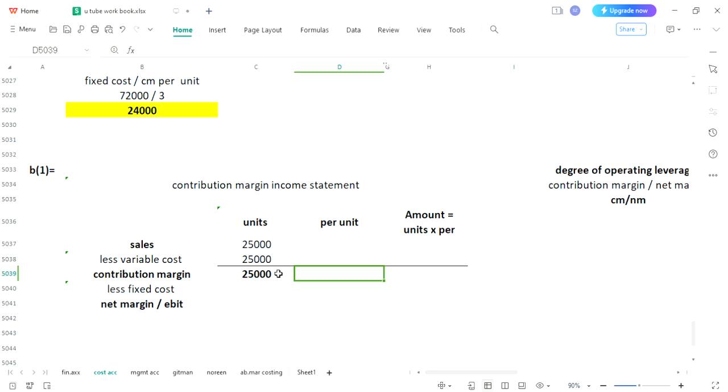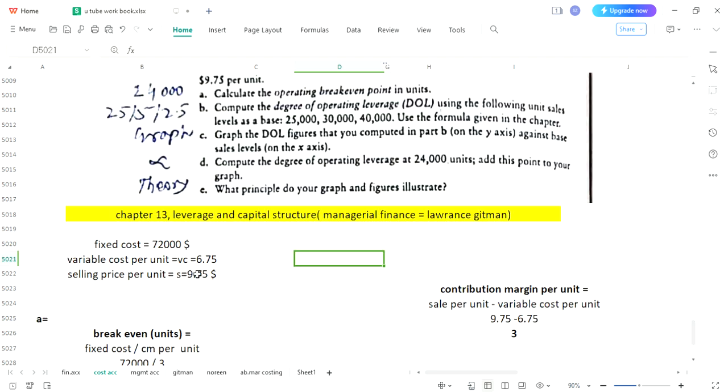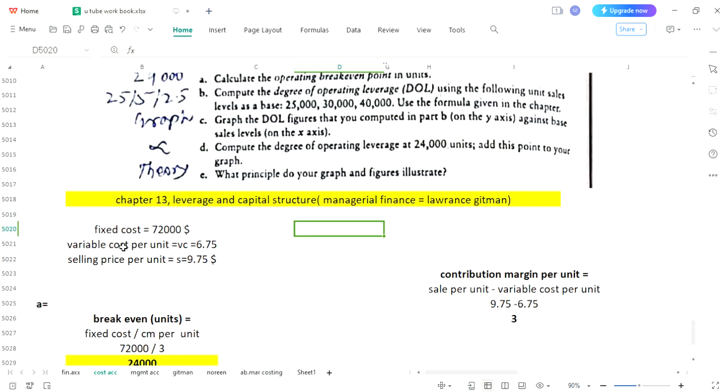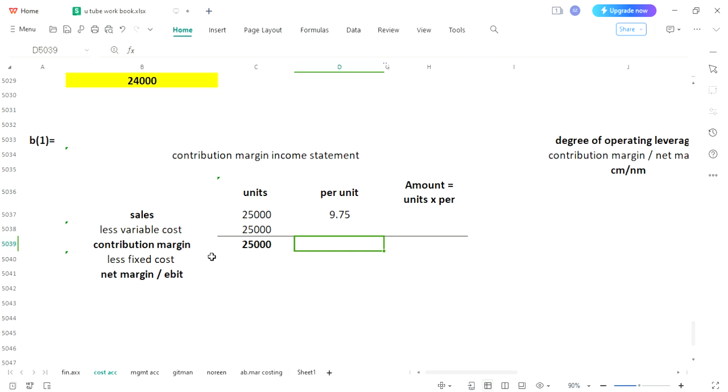The per unit sale price we have already mentioned over here, 9.75. It was written in the question. Your sale price is 9.75, and variable cost is also mentioned over here, 6.75. So put it down, 6.75. Now we can calculate contribution margin per unit. How?